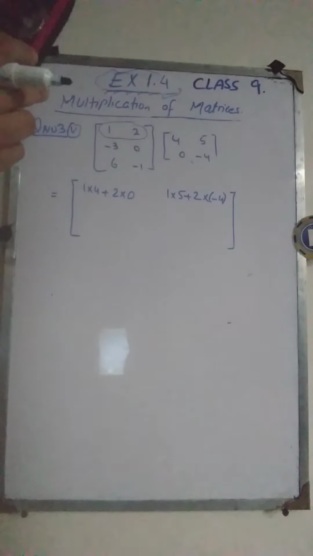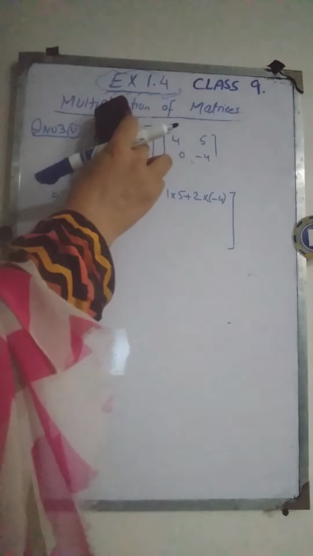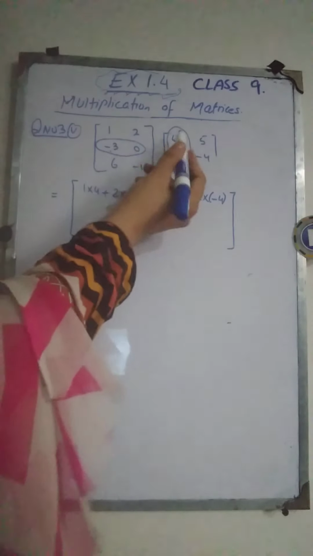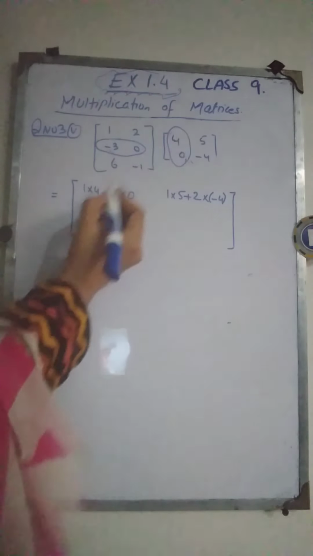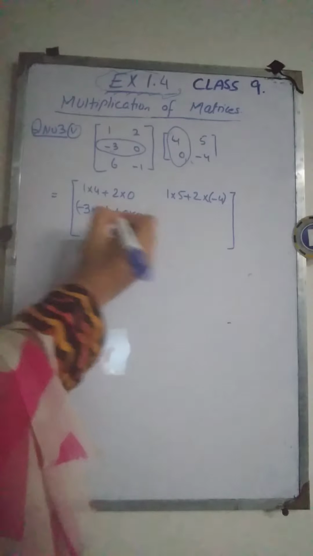Now pick the second row and multiply it with the columns of the second matrix. Pick the second row and multiply it with the first column, and then we multiply it with the second column. How do we multiply it? We multiply the elements in the matching position. Negative 3 into 4 plus 0 into 0.